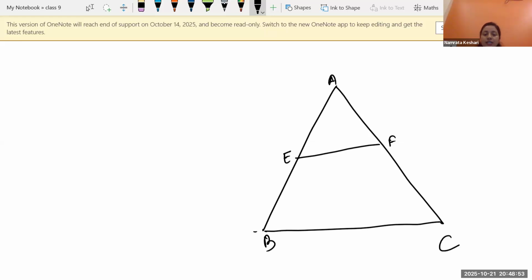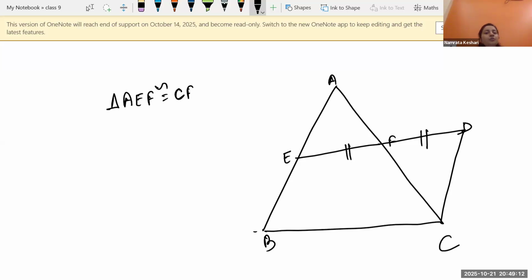We have extended it, maintaining EF and FD the same in length. Now we are proving that this triangle AEF is congruent to the other triangle CFD. These two triangles are congruent. Easily you will be able to prove. Making sense? Yes, ma'am.